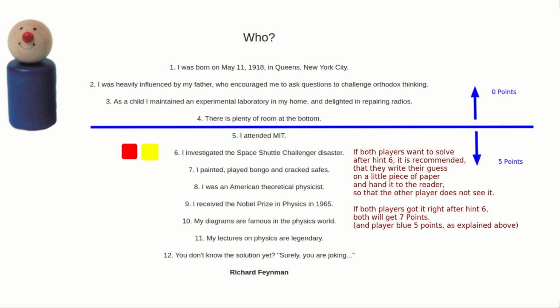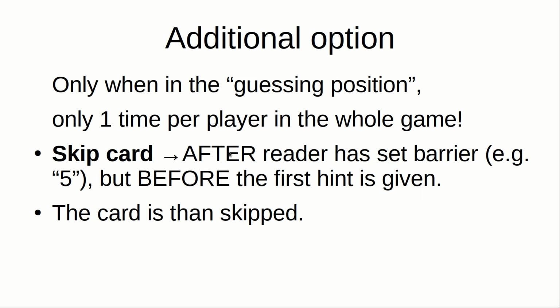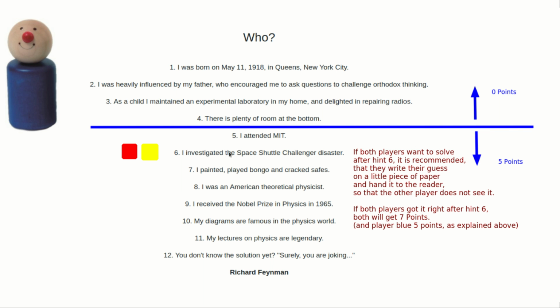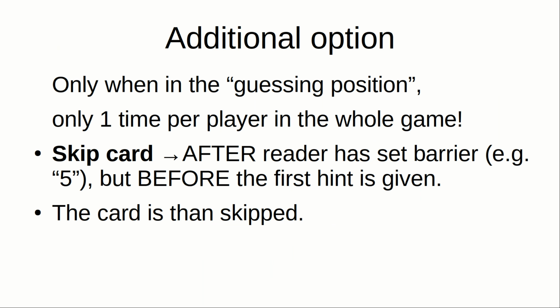And if both players get the solution right, they will both get those 13 minus 6, so 7 points after hint 6. Okay? This is one thing I want to be clear about. In an online setting, you could say they write it in the chat to the blue player, so the other players cannot see, but the blue player can then verify.